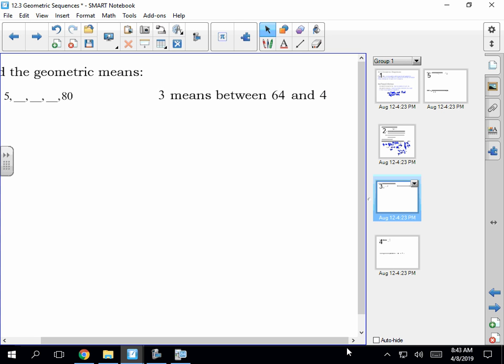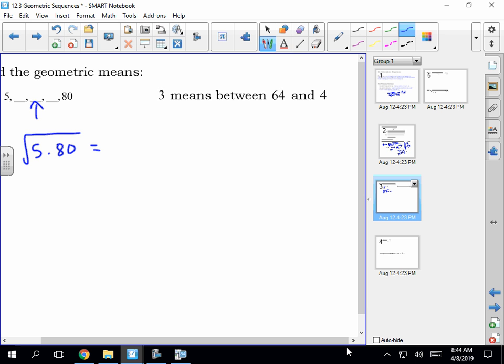The formula that I told you works great if there's an odd number of means between them. You can just do 5 times 80 and then take the square root of that number to get the geometric mean between them. It's not halfway between them, but it's the middle term. So that's 400. The square root of 400 is 20, so this is 20 right here.